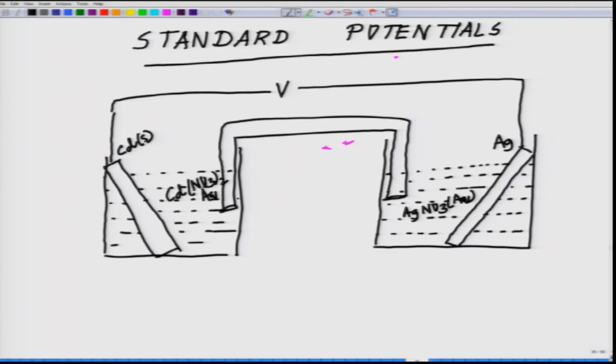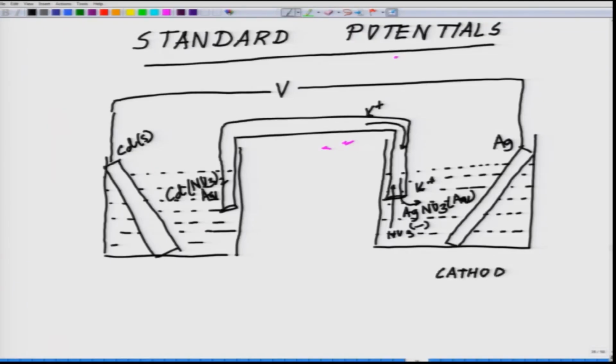The salt bridge had KNO3, the potassium ions moving like this, and if you recollect, those potassium ions were leaving this part, and you have the NO3 ions moving inside from the cathode side.